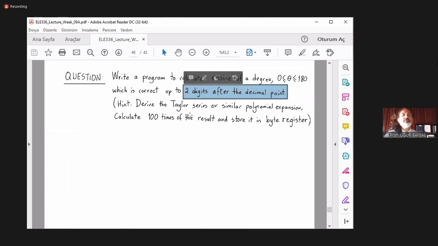Why? Because cosine gives values between 0 and 1. For an integer operation microprocessor, you cannot have all the cosines of the degrees between these numbers, but you can express them in 2 digits, or up to 100. That's the reason for 2 digits, up to 100, after the decimal point.